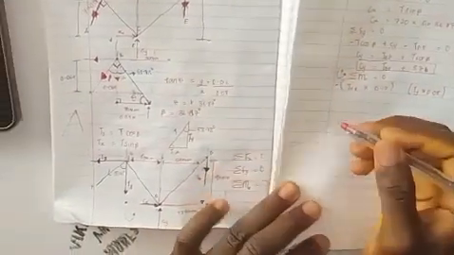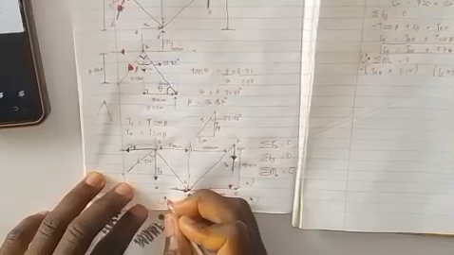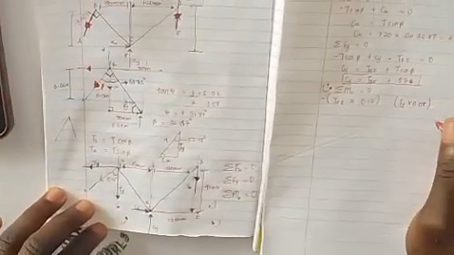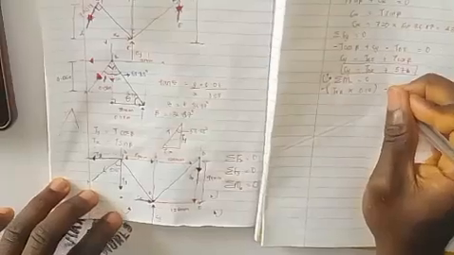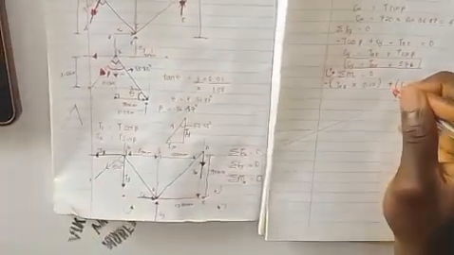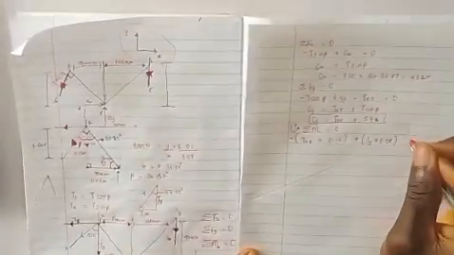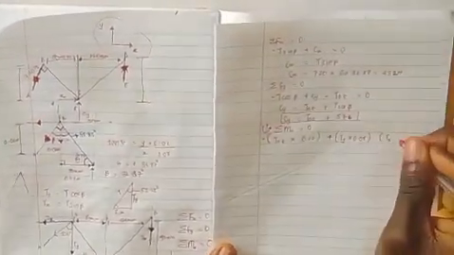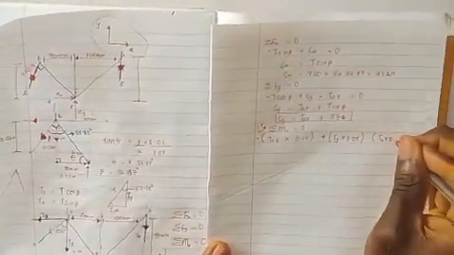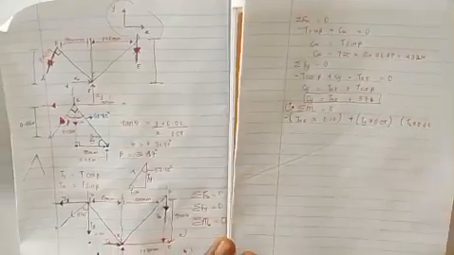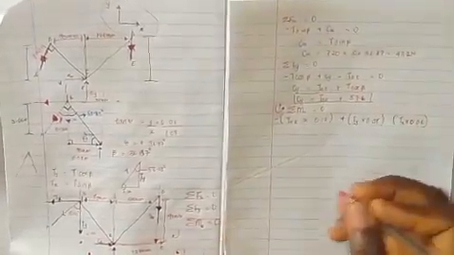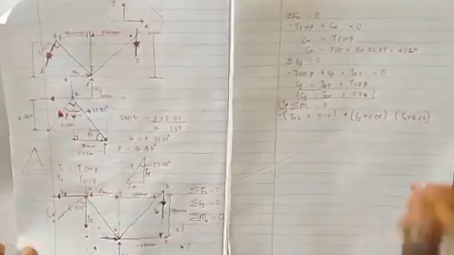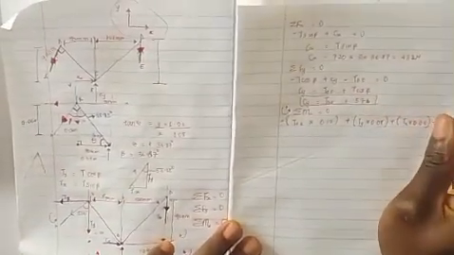Now we are taking the moment in this direction, which is positive, counterclockwise. Tx times 0.06. Don't forget, this will be coming in which direction? Also counterclockwise, plus, should be equals 0.